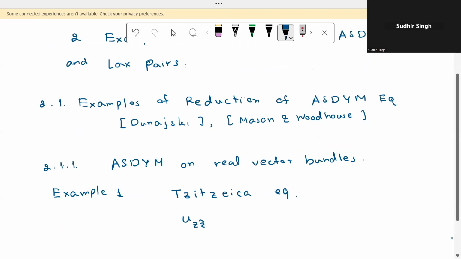My z and z tilde are real coordinates, but I use z because later we will have these coordinates as complex, but now they are real. Okay, this is the twistor equation, which is a partial differential equation on independent variables x and z and z tilde.